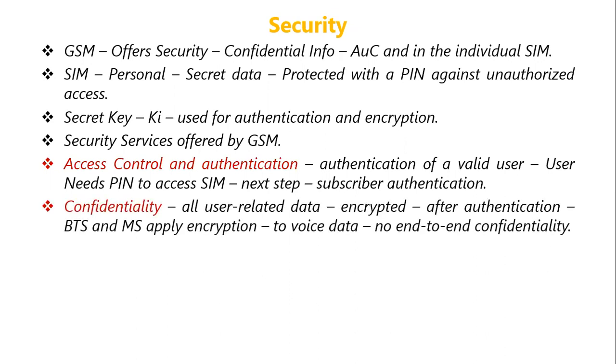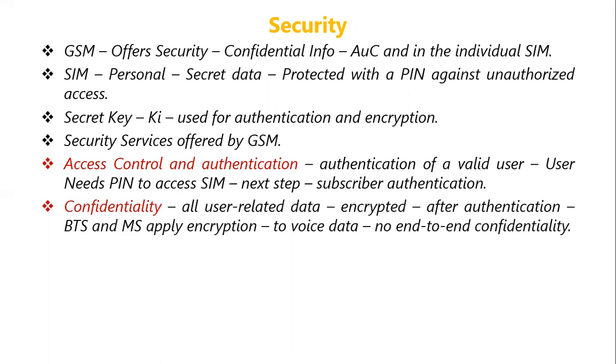Under access control and authentication, it includes authentication of the valid user for the respective SIM. So, the user needs a secret PIN to access the SIM. The SIM will be protected with a PIN number. And also, it includes subscriber authentication. This is based on a challenge response scheme, which we will discuss soon.